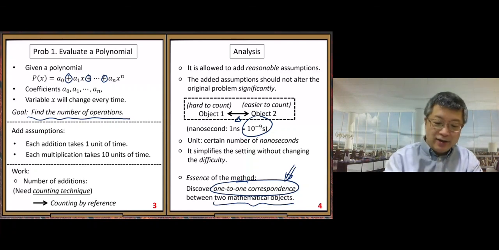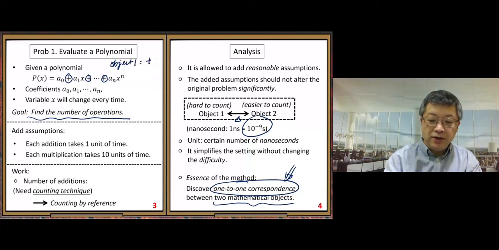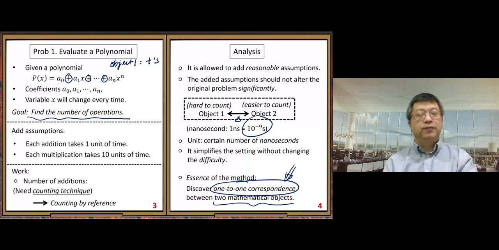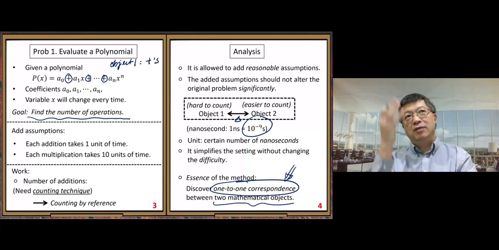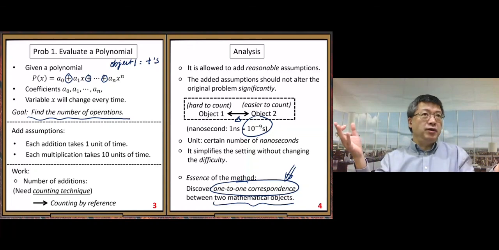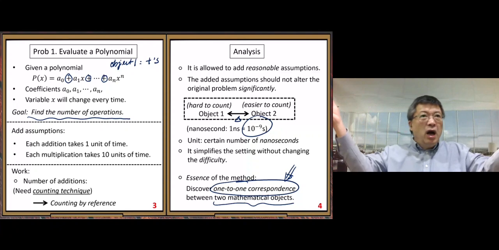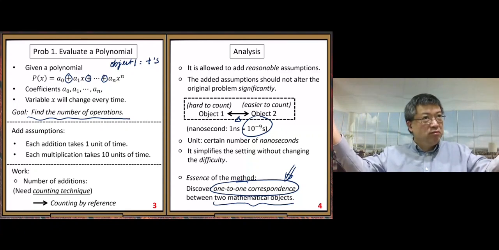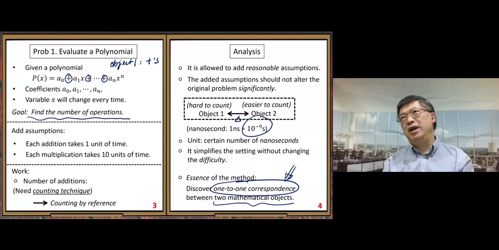So here, let me write object 1: the number of plus signs. But plus signs are hard to keep track of. By looking at the whole formula, how do we keep track of all the plus signs? There is no good reference. We get lost, so that's why it's hard to count directly.